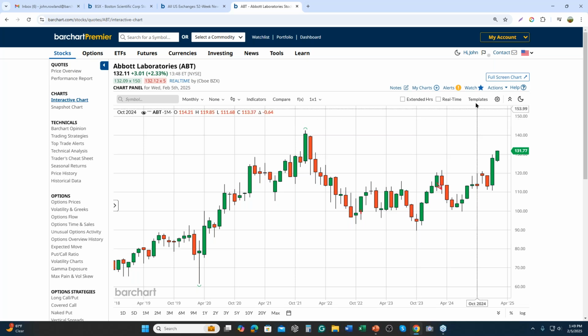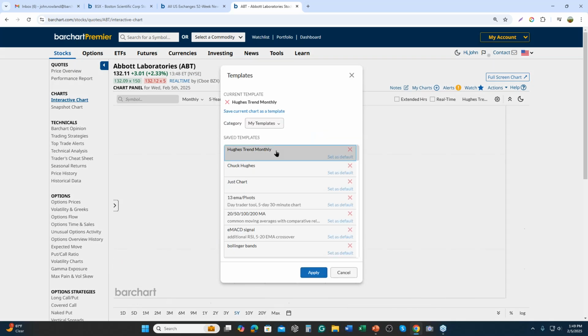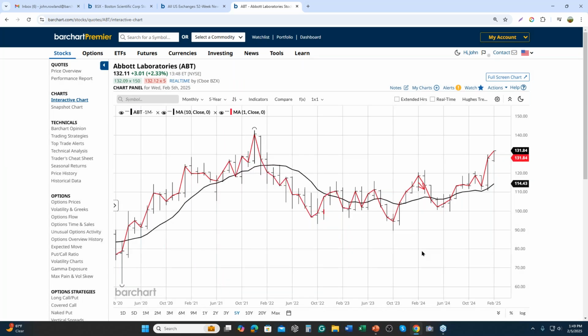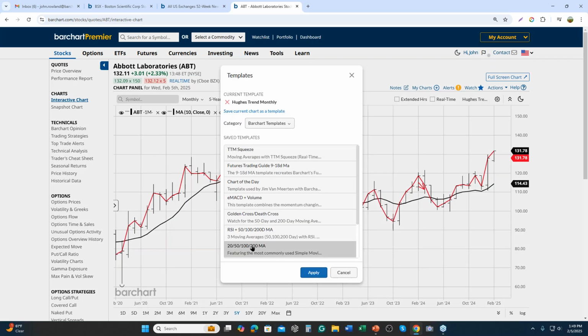I just want to show you something here. Let's look back at Chuck's example. Here is the 10-month moving average for Abbott Labs, around 114.43. Under our bar chart templates, we offer a 20, 50, 100, and 200-day moving average.